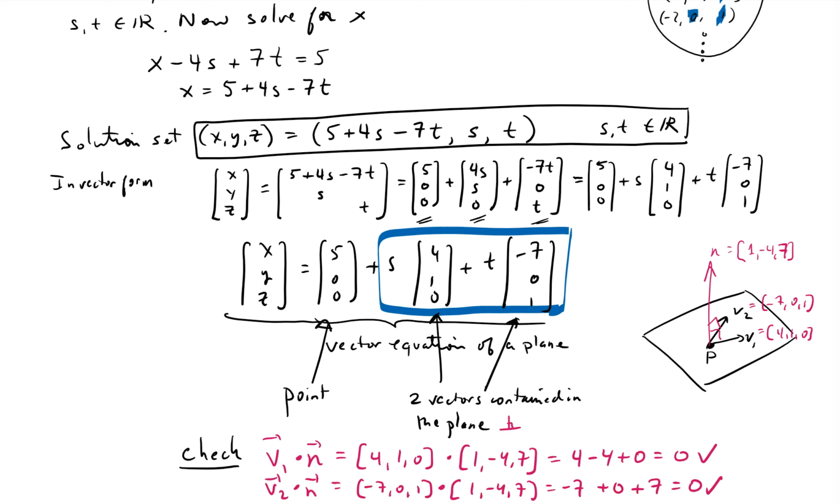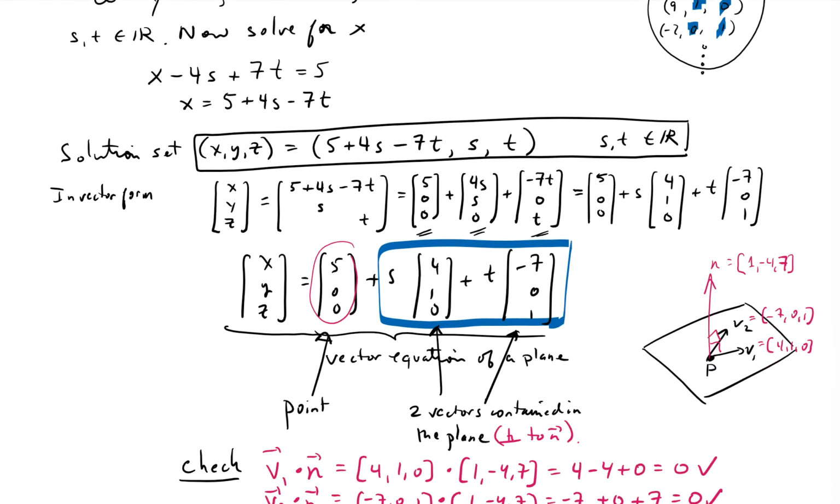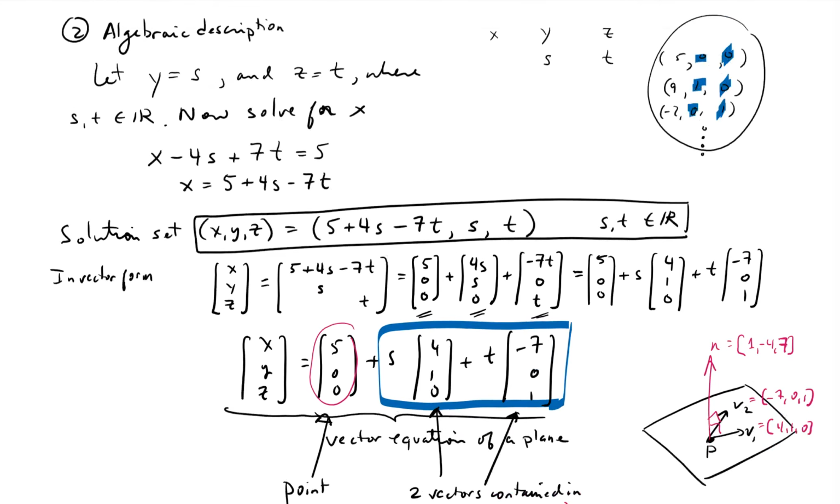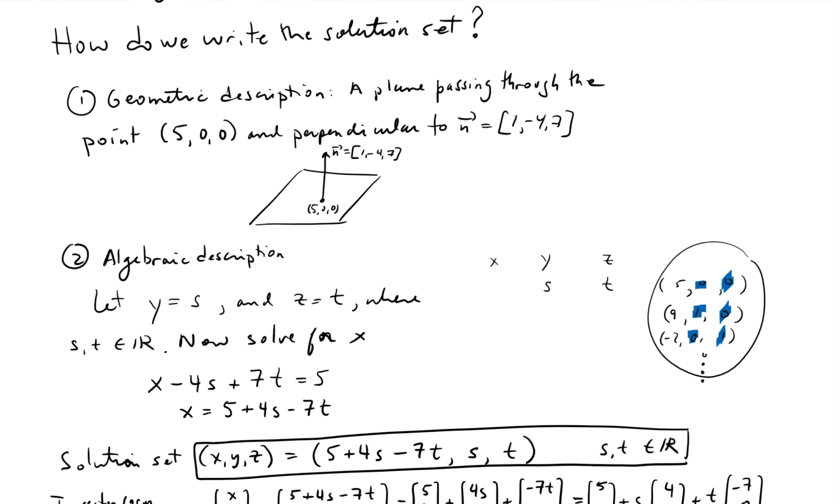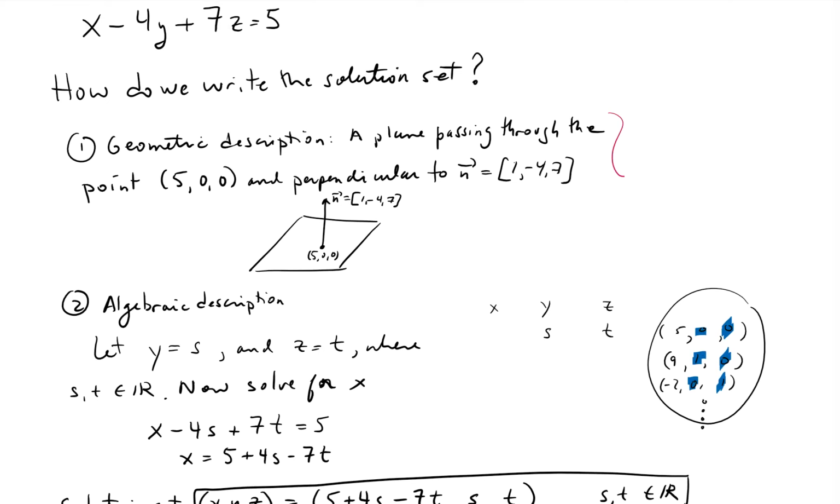And so those vectors are perpendicular to n. And this is the exact same point that we got previously when we gave a geometrical description of our plane. So essentially, writing down the solution algebraically gives us the vector equation of that plane.